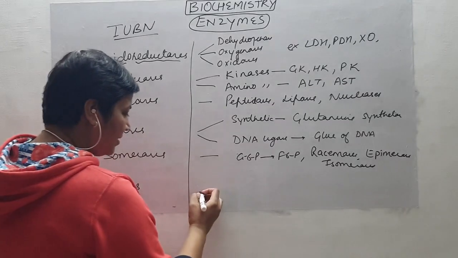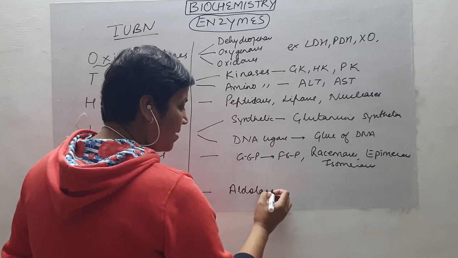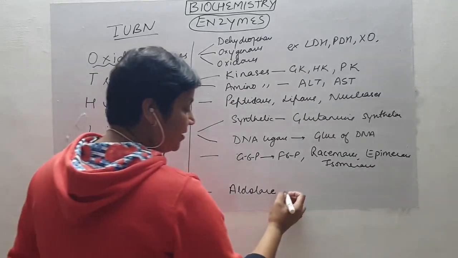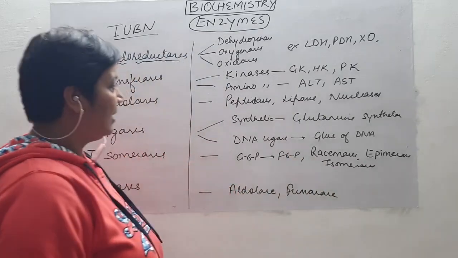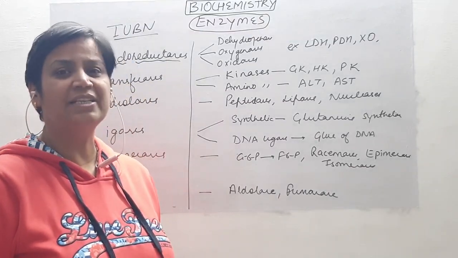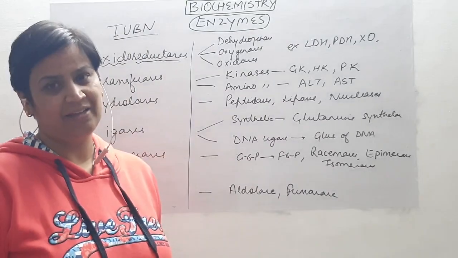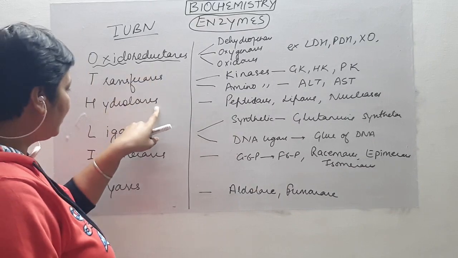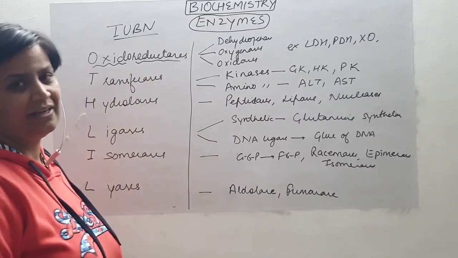For example, aldolase is there, which splits up. Fumarase is there. So we can say enzymes are broadly classified into 6 major classes: O, T, H, L, I, L. Oxidoreductases, transferases, hydrolases, ligases, isomerases, and lyases.